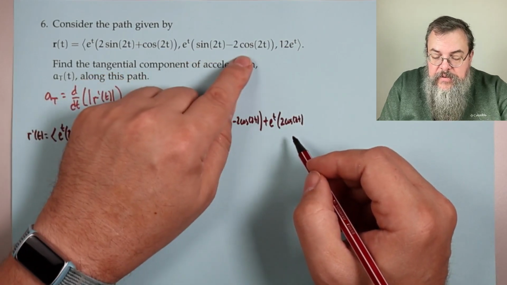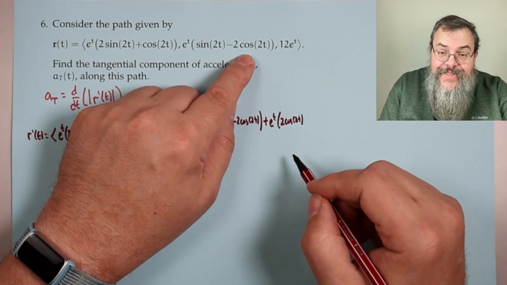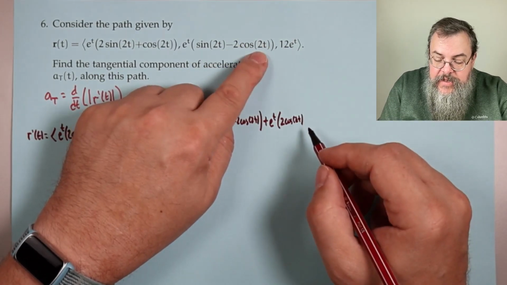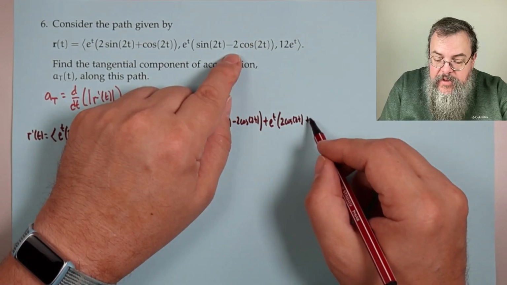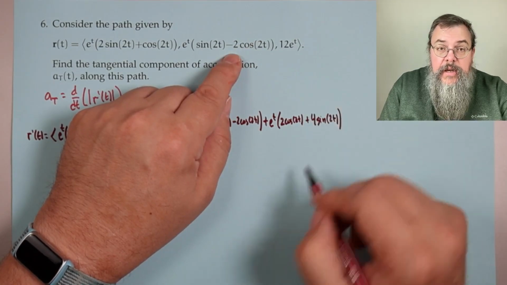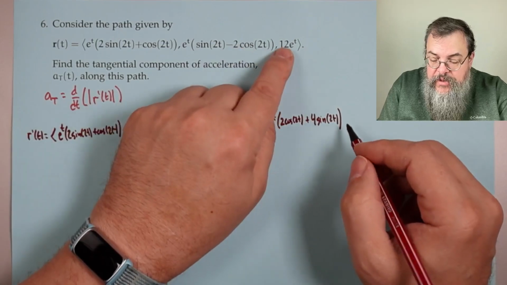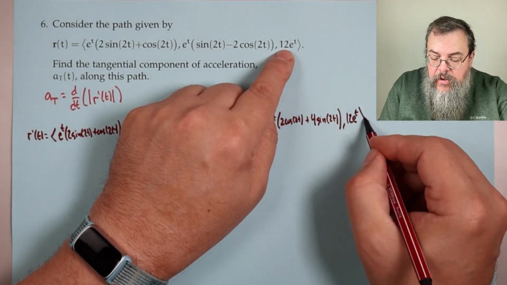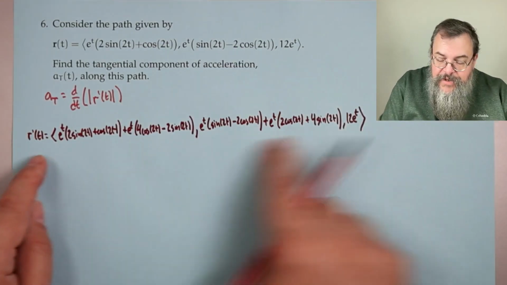And then derivative of cosine is minus sine. So there's already a minus. And don't forget they need a factor of 2. So that makes plus 4 sine of 2t. And then finally, derivative of 12e to the t is 12e to the t. Whew. We fit it in.